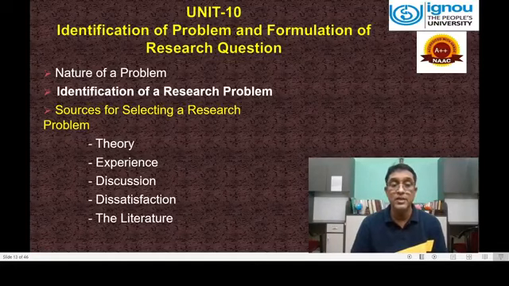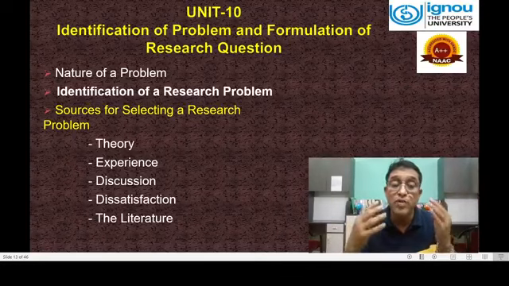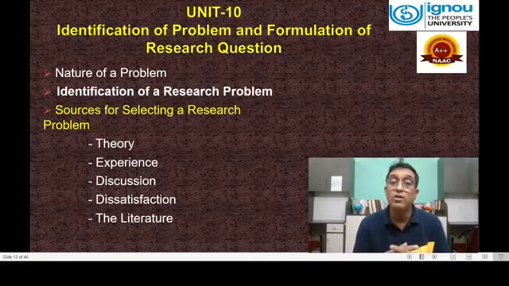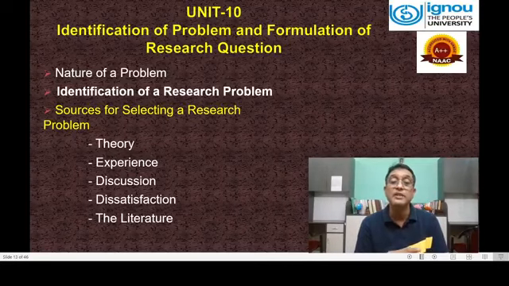And the literature is also another important aspect. Literature means the studies that have already been conducted. You have to collect the literature, go through it, and find what different studies have been conducted, and what suggestions and recommendations were given by earlier researchers on the same topic, the same area, on different themes in education.